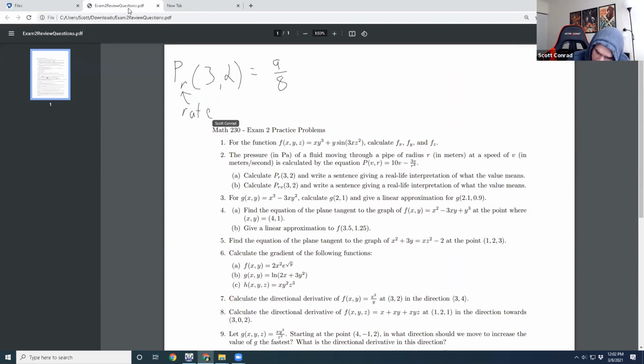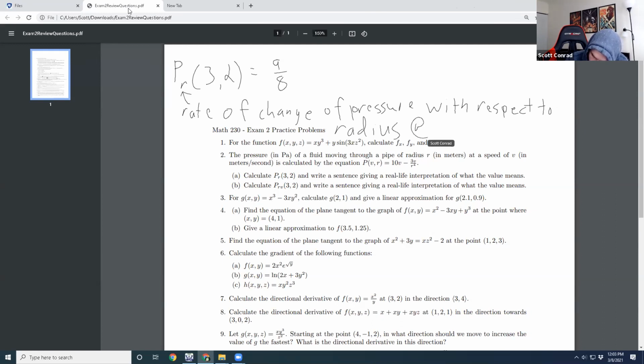In words, P sub r is the rate of change of the pressure with respect to radius r at v equals 3, r equals 2.